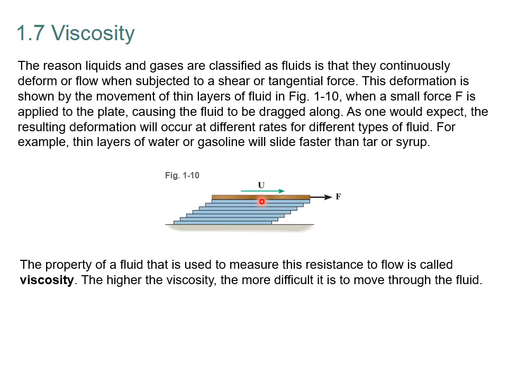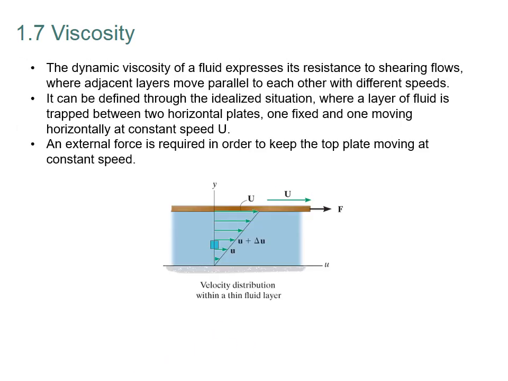So, for example, for water or oil, it's going to be different for each one of those kinds of fluids. So our book defines what's known as the dynamic viscosity. This is the resistance to shearing flows. So again, here we have two plates. Capital U is the velocity of the top plate.